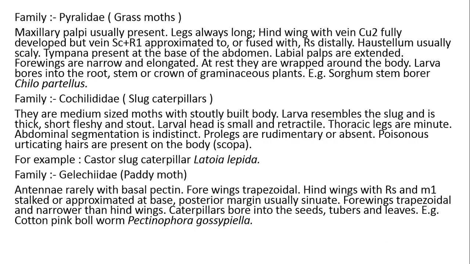Gelechiidae, the paddy moth. Antennae rarely with basal pecten, forewings trapezoidal, hindwings with radial sector plus M1 stalked or approximated at base, posterior margin usually sinuate, forewings trapezoidal and narrower than hindwings.